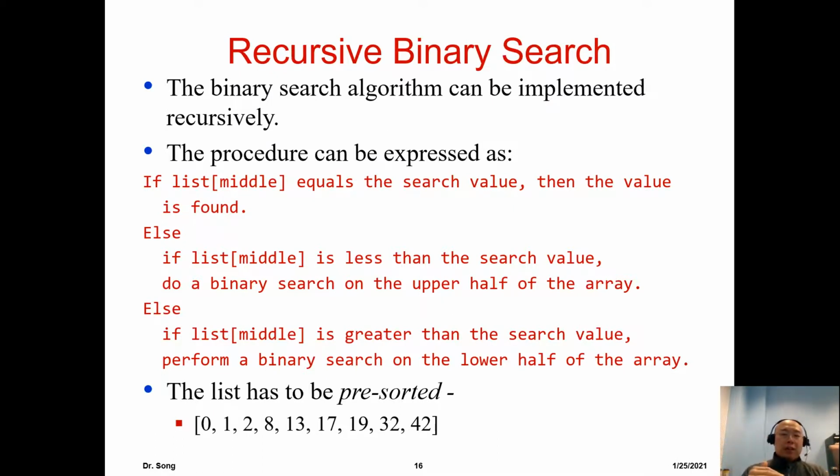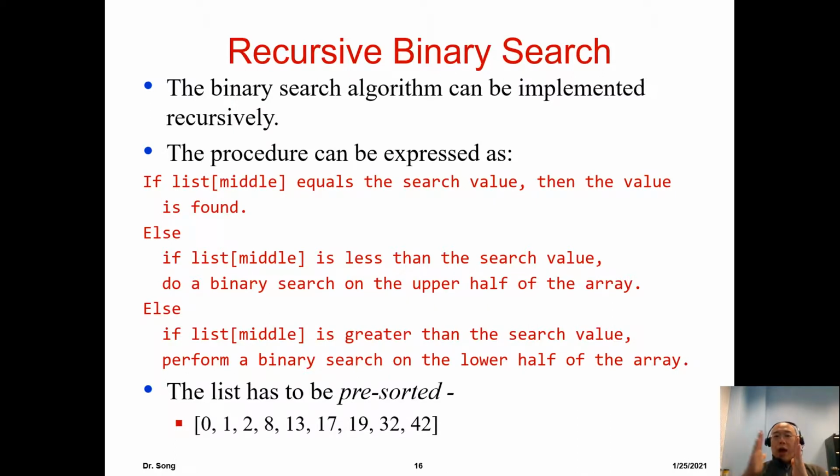Otherwise, if the middle value is less than the value I'm searching for, what should I do? If the middle value is less than the value I'm searching for, then the information I have is that the value I'm searching for, if it is there, has to be from the middle to the end.